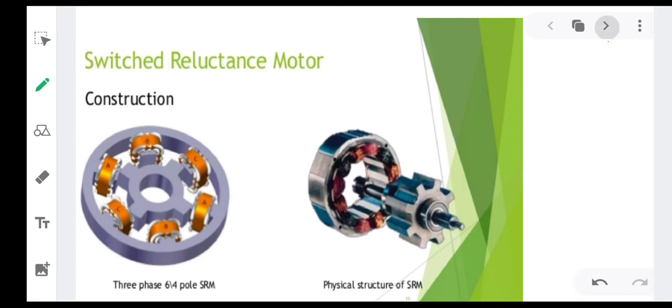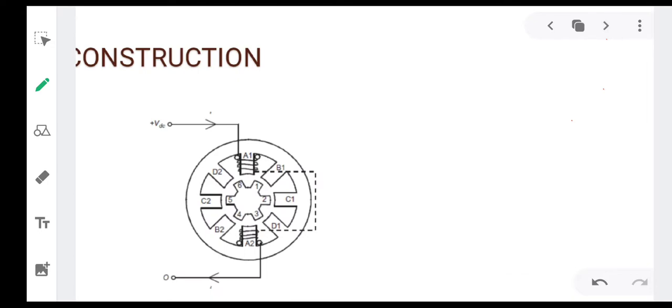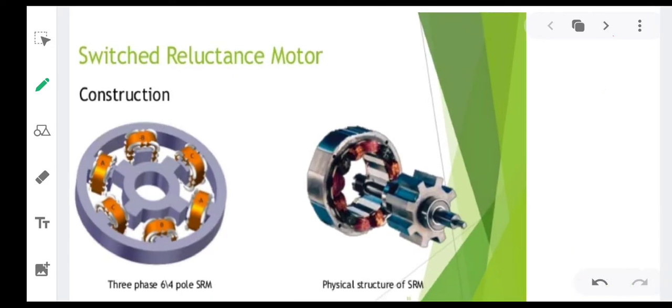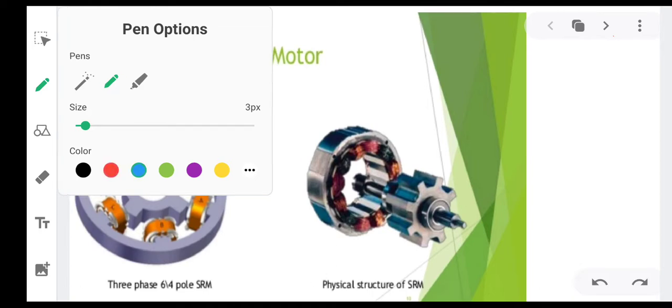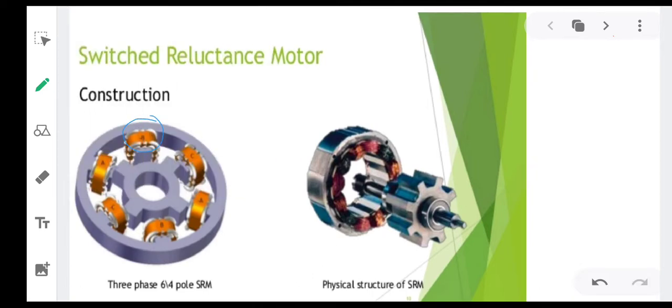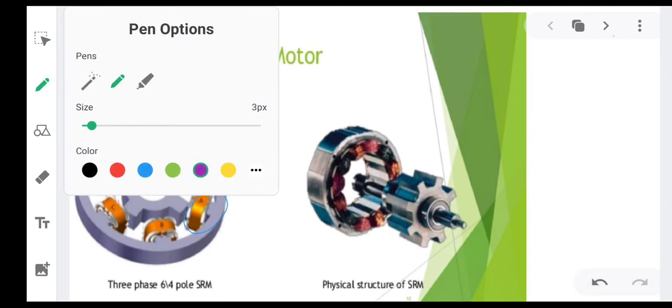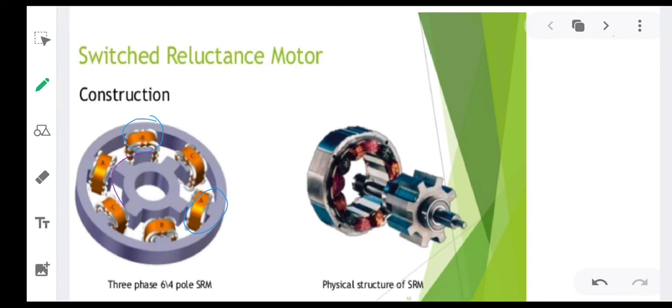Going to the constructional part, this is the interior part. We can see these are the stator windings, and this is the rotor circuit. This is the detailed rotor circuit, and this is the stator one.